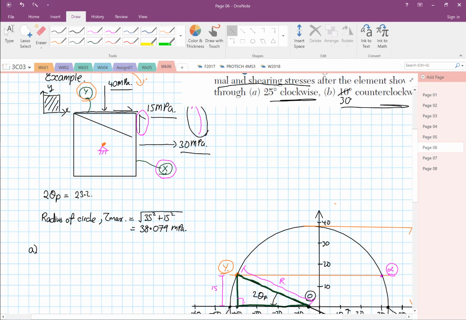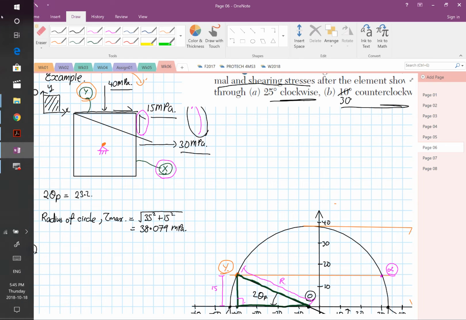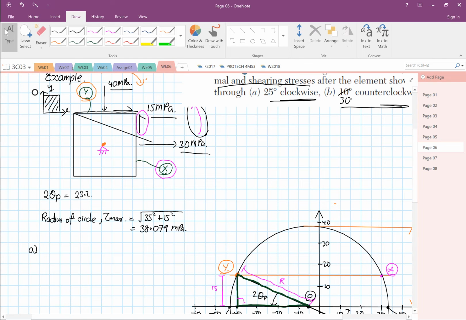So this is the clockwise rotation by 25 degrees.